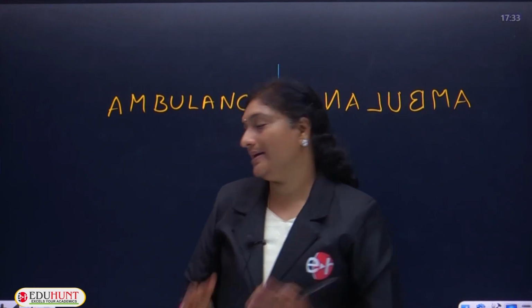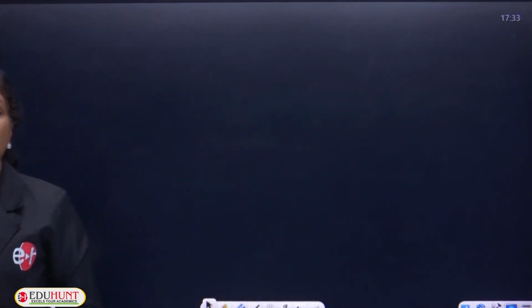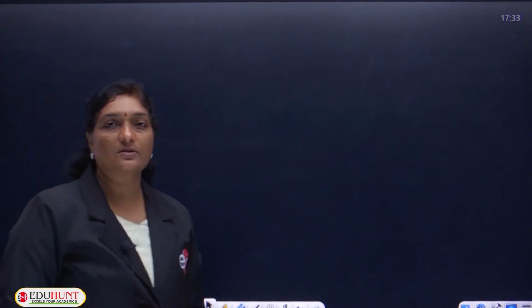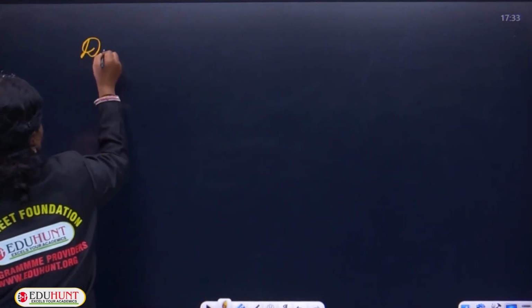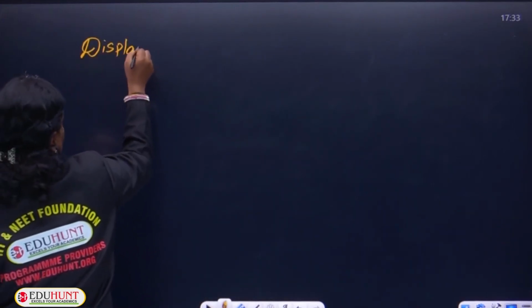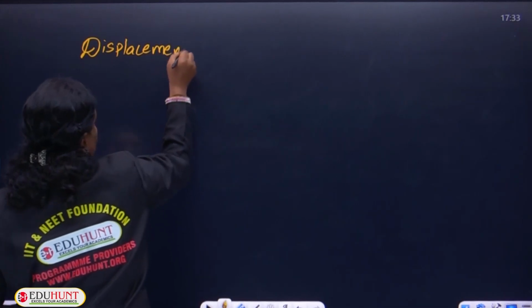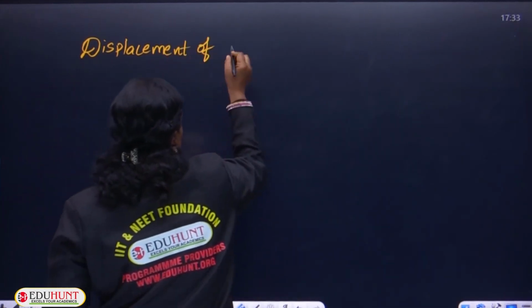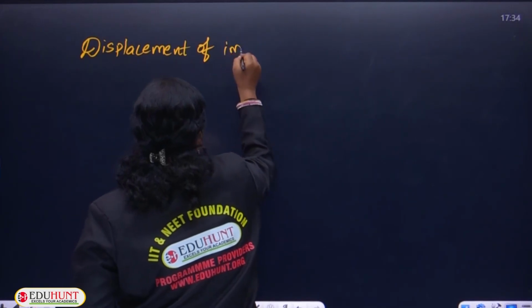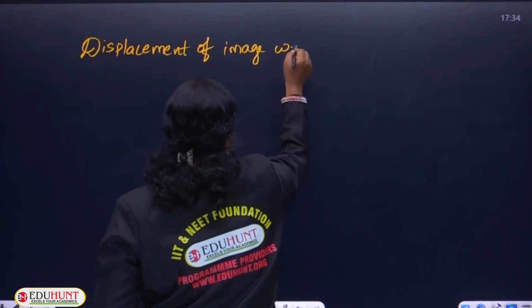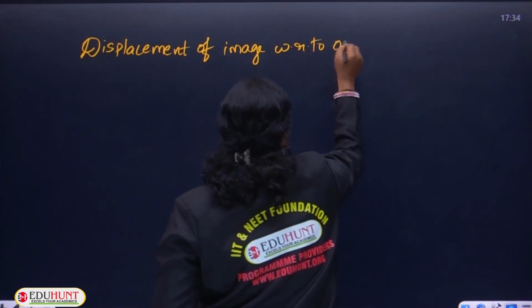respect to the object. Our next concept is all about the displacement and velocity of the image with respect to the object. So, first of all, if you want to discuss something regarding the displacement of image with respect to object.